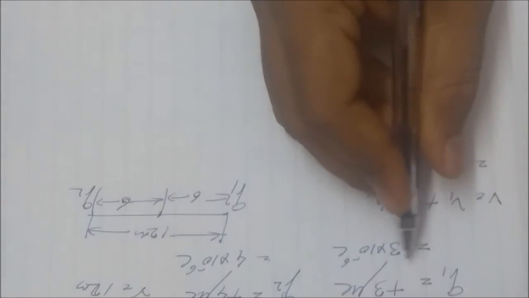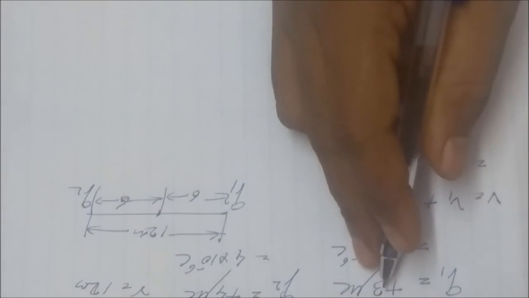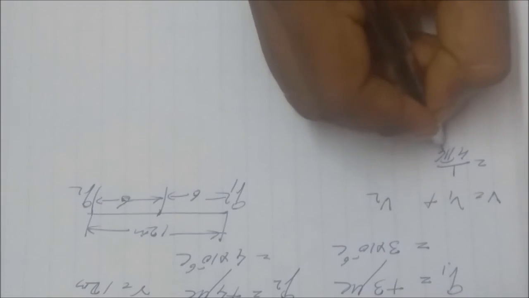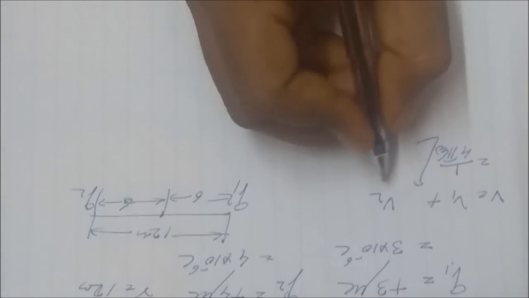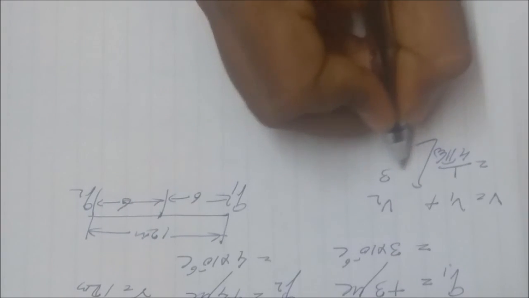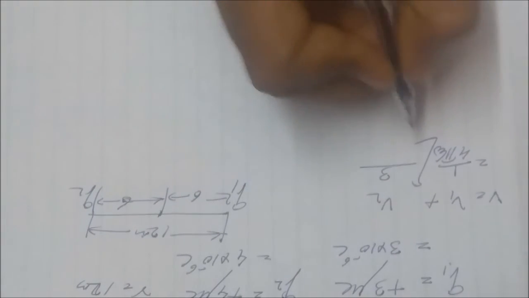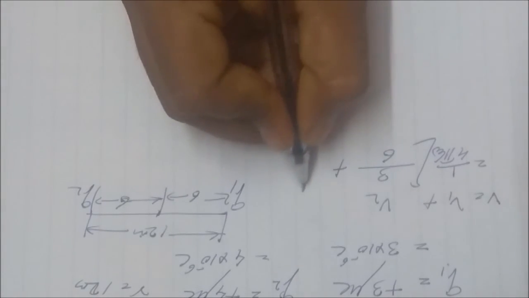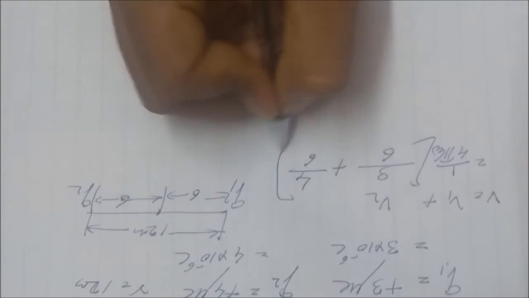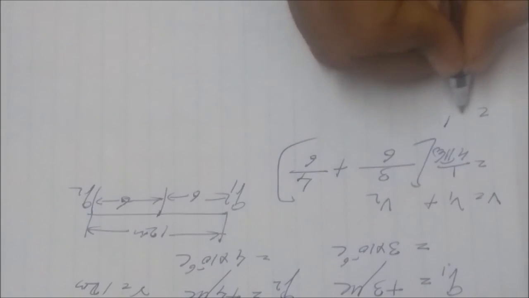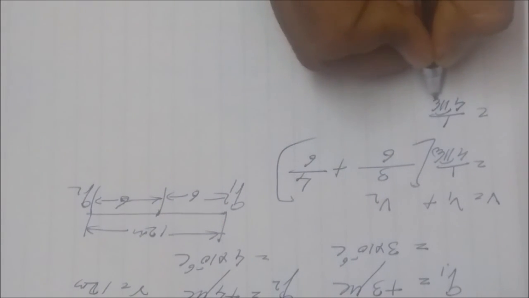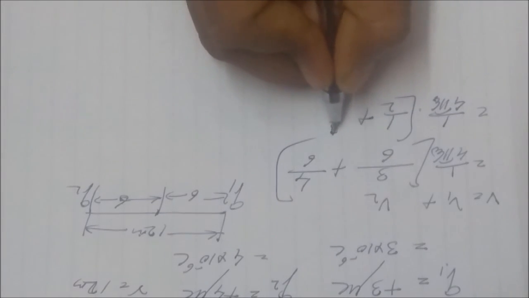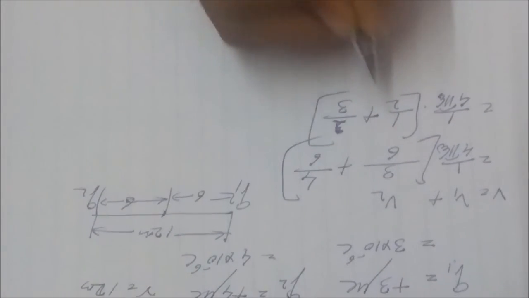Here V1 is the potential due to charge Q1. So 1 by 4 pi epsilon 0 is common, and we can write 3 by 6 plus 4 by 6, that is 1 by 4 pi epsilon 0 into 1 by 2 plus 2 by 3.